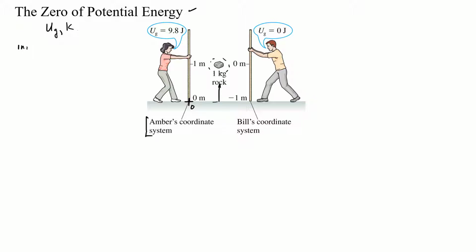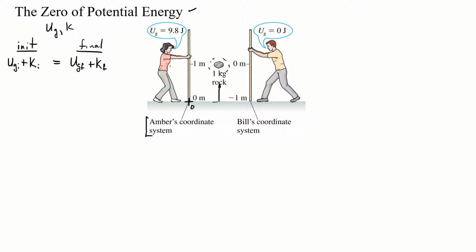And I can essentially say, well, I have my initial and I have my final. And because there's no work being done or thermal energy or anything like that, these are going to be the same. So I have initial gravitational potential energy plus initial kinetic energy has to be equal to my final gravitational potential energy plus my final kinetic energy, right?